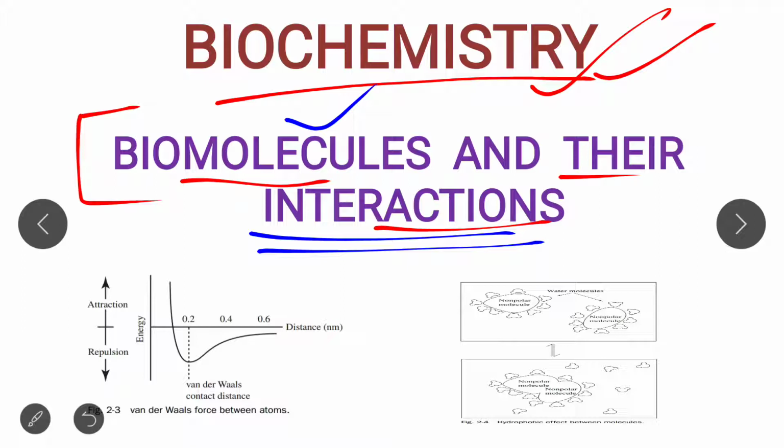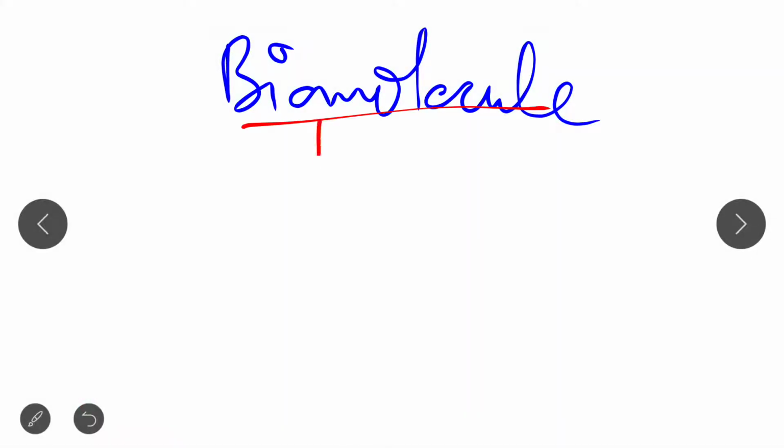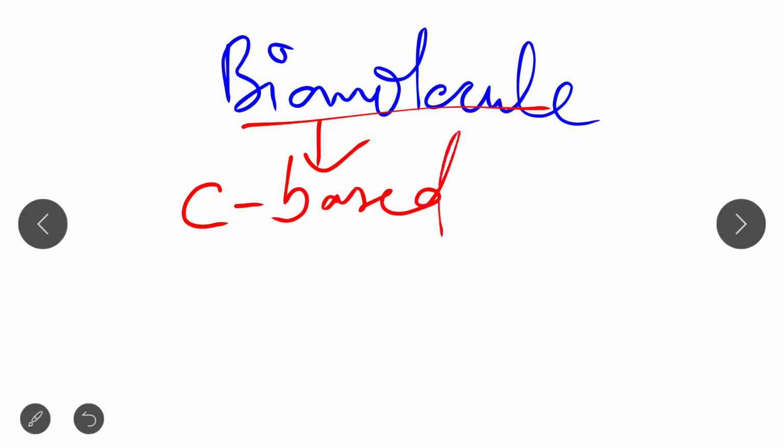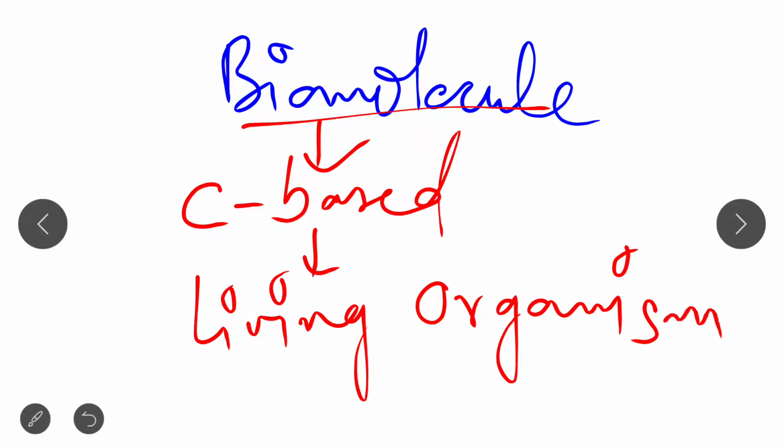First we have to understand what a biomolecule is. Simply, a biomolecule means a carbon based organic compound that is produced by living organisms.